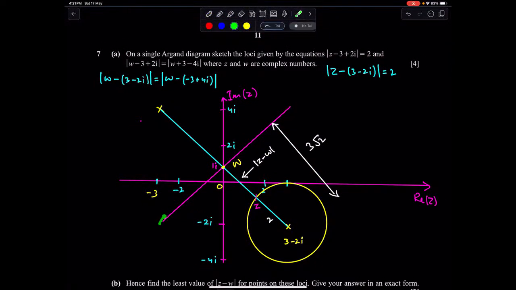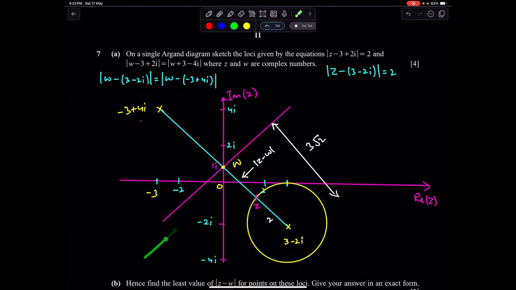See, this is the bisector of these two complex numbers. Minus 3 plus 4i is here, right? And 3 minus 2i is here. Now draw the bisector of these two complex numbers. So this is the bisector.